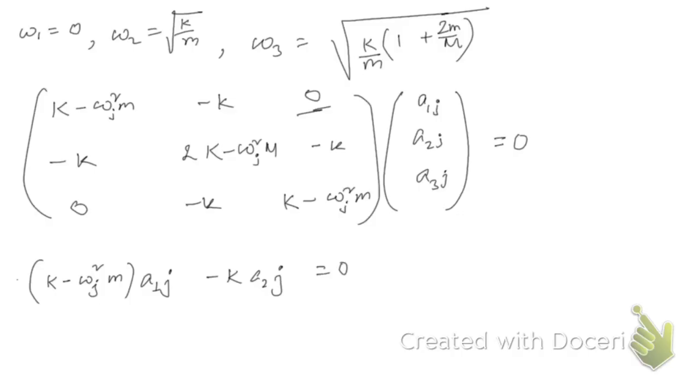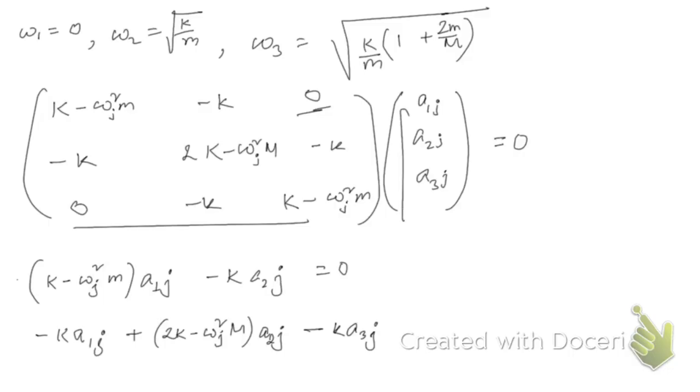Similarly, if we multiply the second row with this column, we're going to have minus k a1j, then plus 2k minus omega j square capital M, a2j, then minus k a3j.